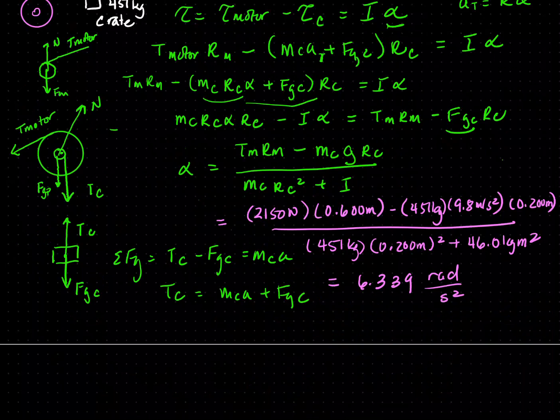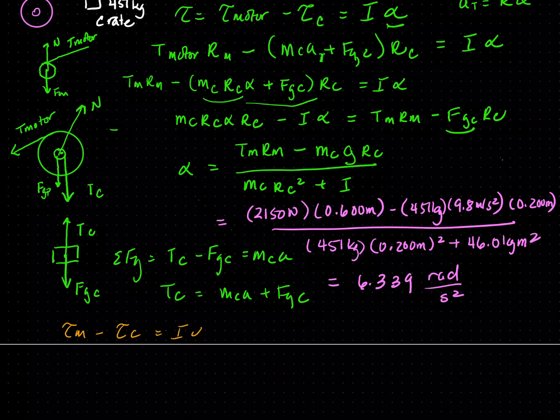To find the tension on the cable, start with the torque equation. Torque motor minus torque of the cable equals moment of inertia times angular acceleration. So torque cable becomes torque motor minus I alpha. If I substitute this in, this is tension of the motor times R of the motor minus I alpha.